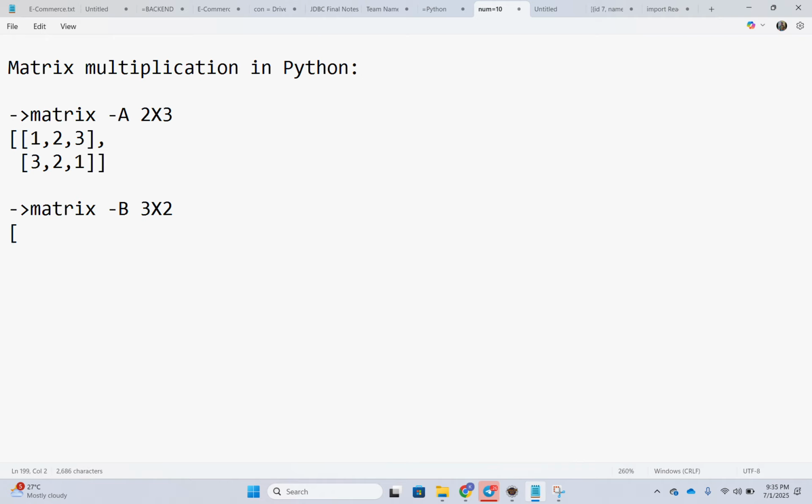So how will it be? Three rows and two columns. One, two.